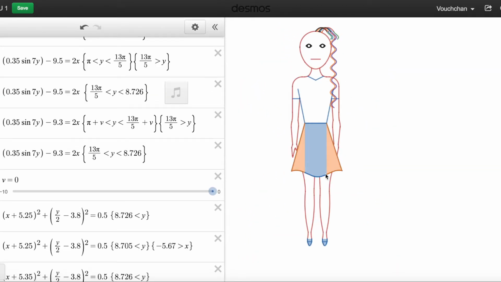To shade the skirt of my animation, I have to use inequality.